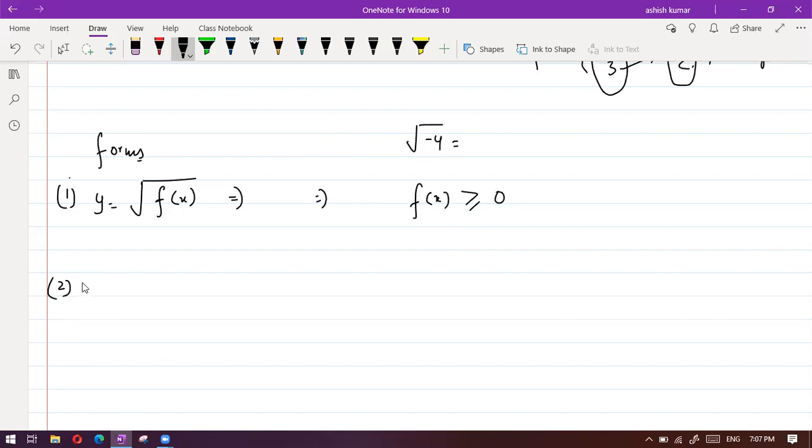Second form, suppose y is equal to 1/f(x), where the function is coming in the denominator, right? You tell me one thing, what is 1/0?